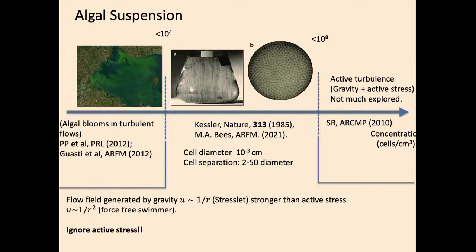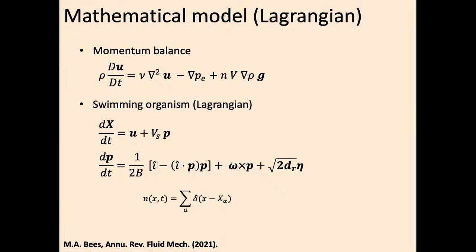This turns out to be another such system where the gravity or the stresslet is the dominant contribution, and you can again ignore the active stresses. What I am going to convince you is that just because of the gravity and the swimming motility of the organisms, you are going to observe all these patterns. That's the idea of the talk, and what is the role of the confinement. I won't talk about this particular regime; we have started to work on it, but that's maybe for some time later. So now how are you going to model such a system?